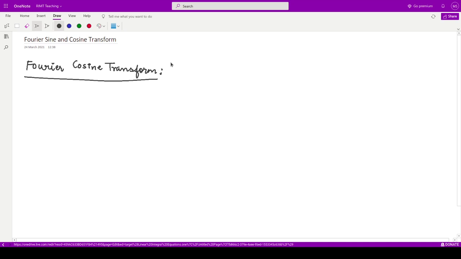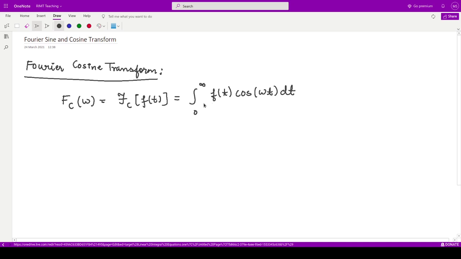If your function f of t is defined as this, then capital Fc of omega, that is equal to the cosine Fourier transform of the function f of t, is given by integration from 0 to infinity f of t cos omega t dt. So this is the definition of Fourier cosine transform.